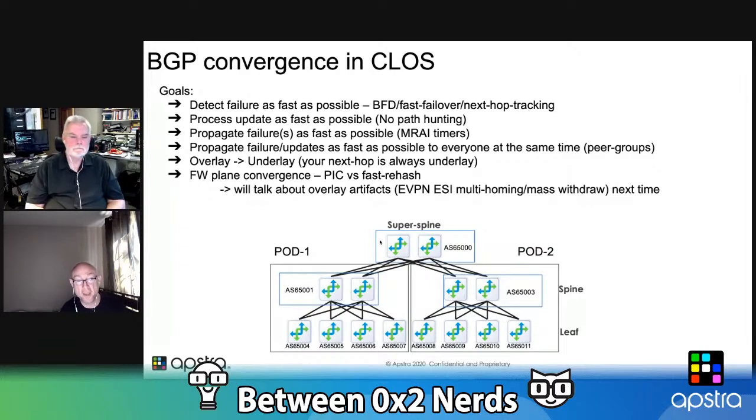So when you have many routes with the same next hop, which is the case here, when your next hop disappears, your implementation will invalidate all those routes. Make sure your underlay is fast and performant in order for your overlay to converge fast.